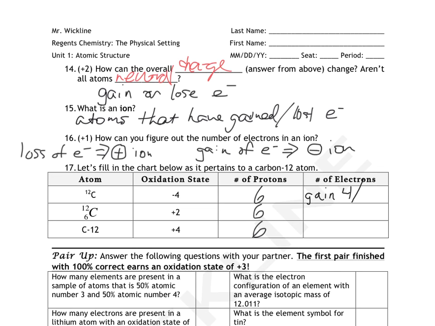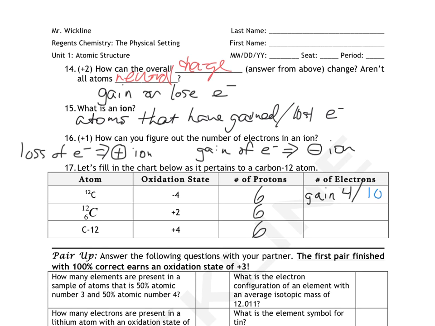The total number of electrons is the original number of electrons, and then you have to account for how it changed. In this case, it gained 4. The original number of electrons is equal to the number of protons. So the original number was 6, and then it gained 4, which means that the total number of electrons in this particular atom is 10.